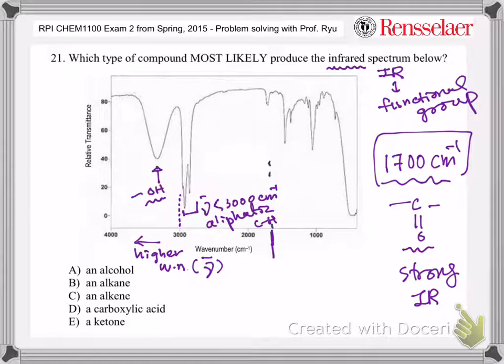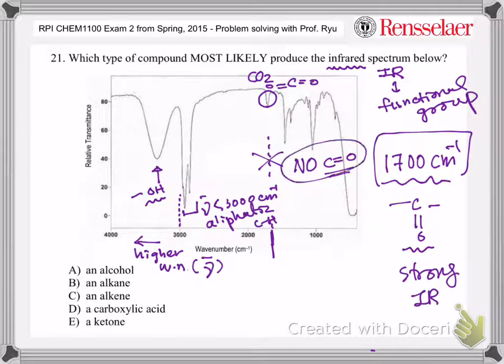Do I see any peaks? Actually, I don't see any peak. So that means no ketone here, right? You see a very small one, which is because of the CO2, just a little background noise, but this compound has no CO. So because of that, the answer for this one is alcohol.